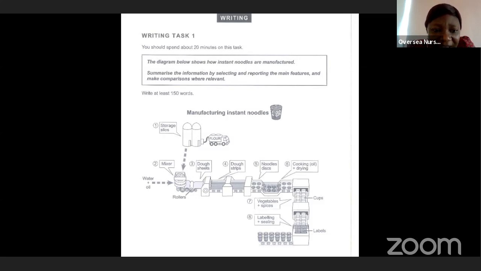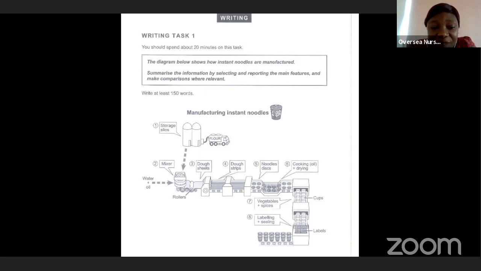In your second paragraph, where we're going to be talking about the first step in the manufacturing, or in making noodles, the first step is the storage silos, where flour is put into this storage and then proceeds to the mixer.